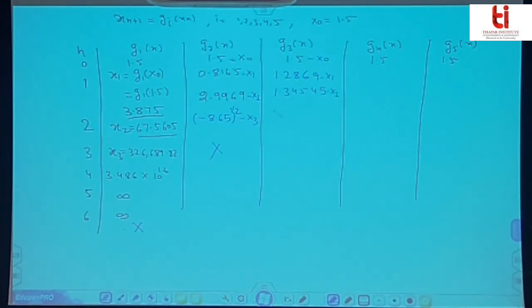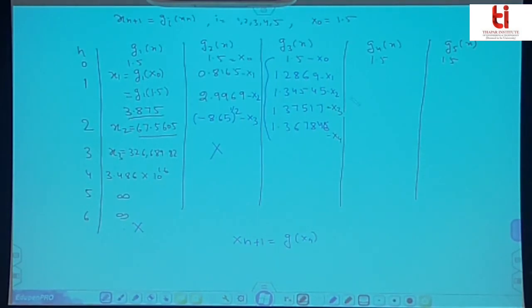Next are 1.37517 and 1.367846. These are the sequence we obtained by putting x(n+1) = g(xn). This is x3, x4, and we will continue the process till we get the desired accuracy.